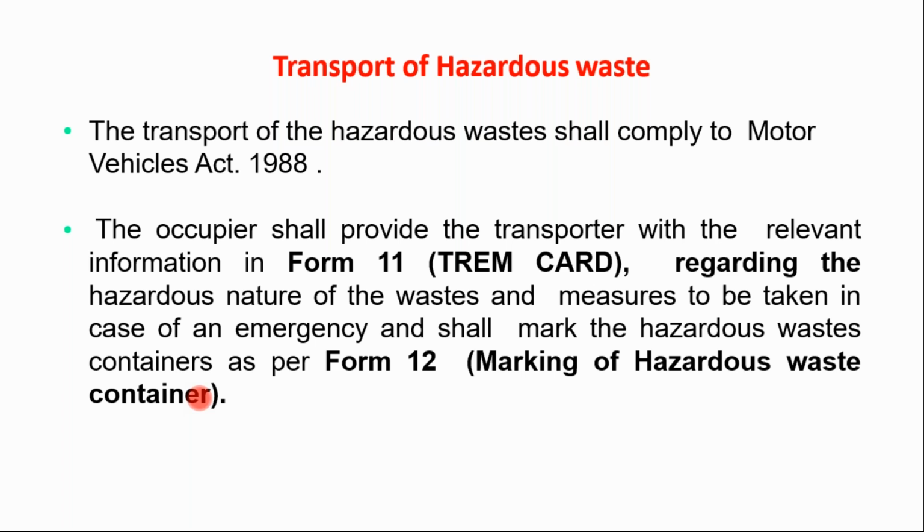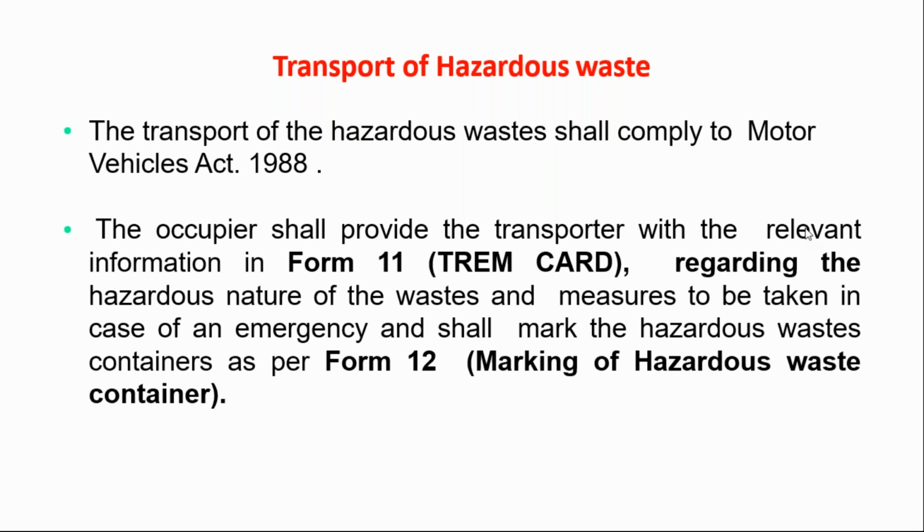Then what is the class label or the symbols available for these types of waste, if applicable to these types of hazardous waste, etc. All the details are given in form 11 and form 12.